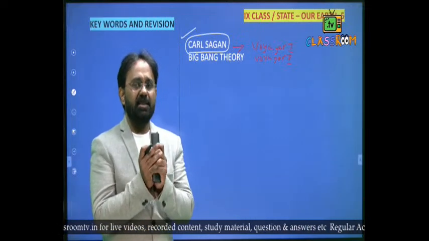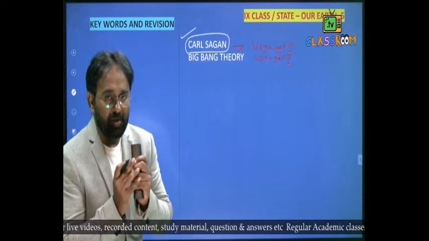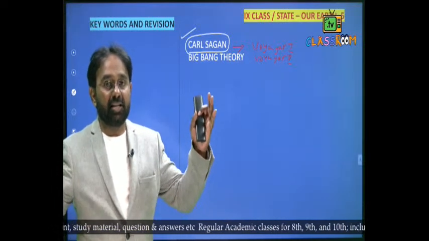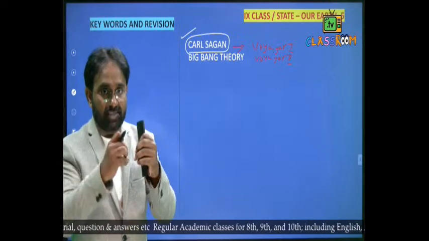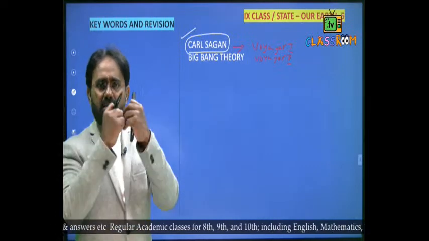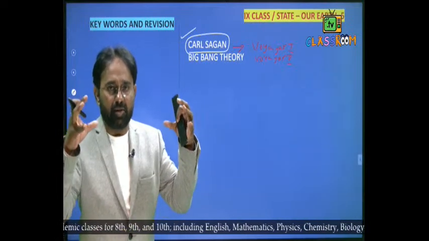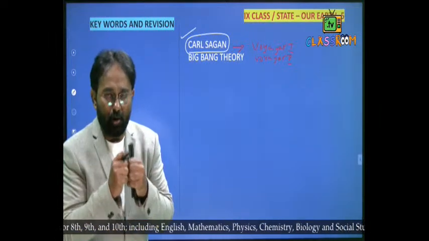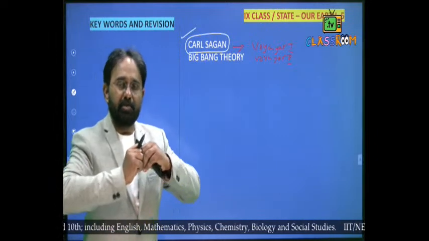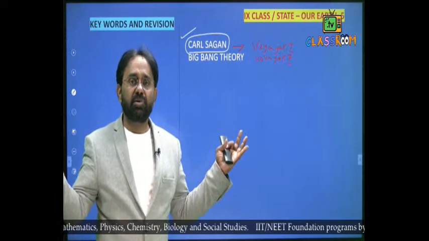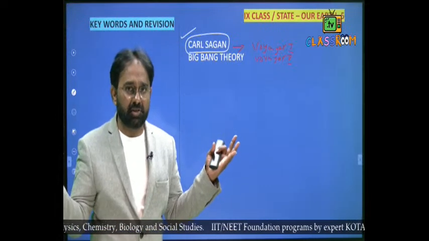Big Bang theory, we talked about how galaxies and the universe evolved. Initially everything was a compact structure, the entire universe. There was no planet, no galaxies, nothing. The entire structure was a compact whole, and over a period of time it expanded and was suddenly subjected to a huge explosion.